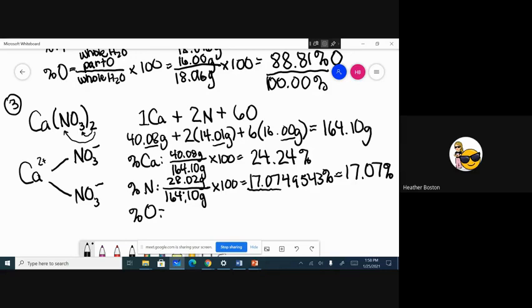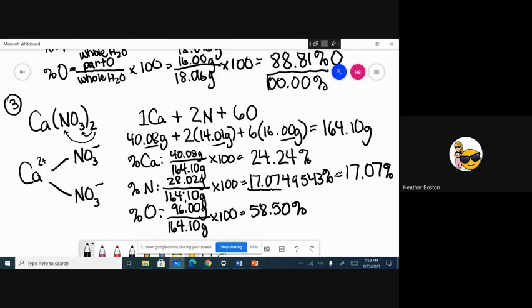The part that's oxygen is 96 grams, or 6 times 16. And I get 58.50%.